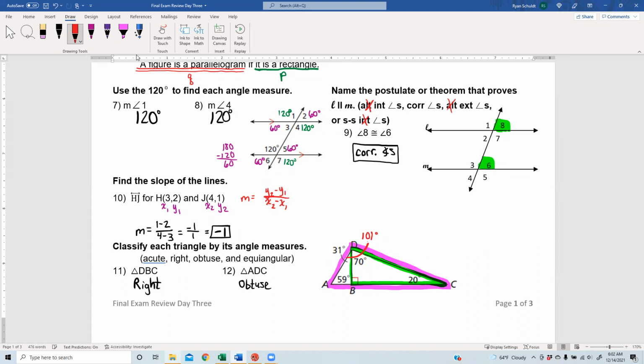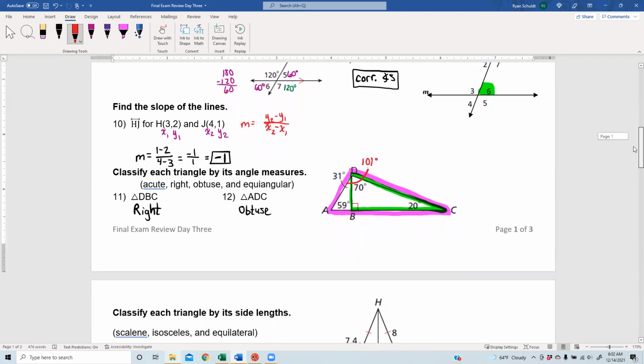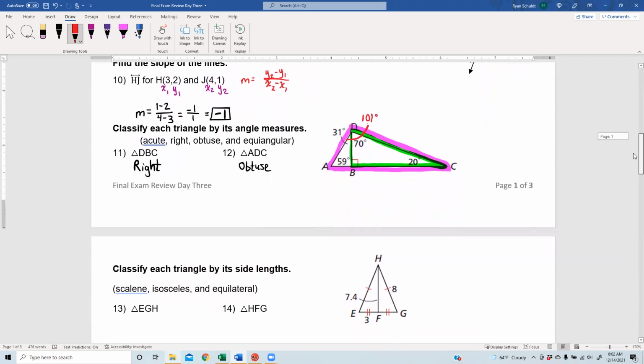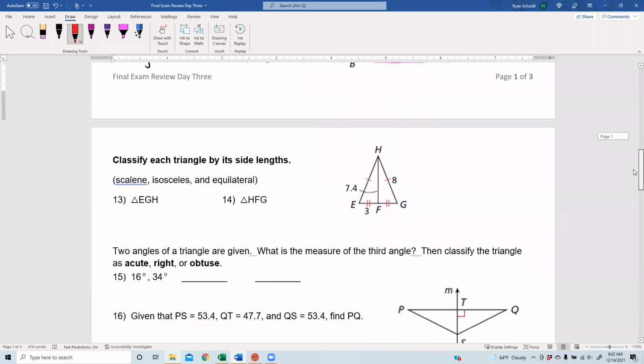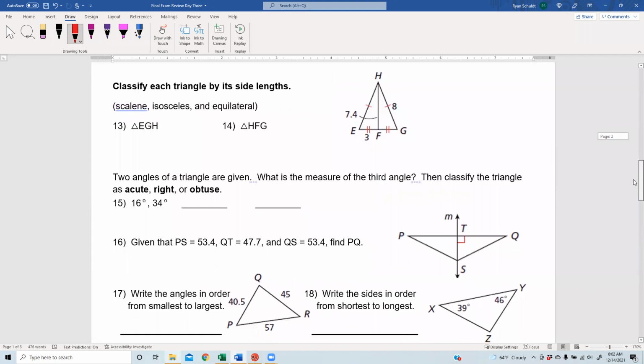Okay, so there's page 1. Page 2, classify each triangle by its side lengths. So now we do want to deal with sides. 13 asks us about EGH. Well, that's going to be the whole triangle here.